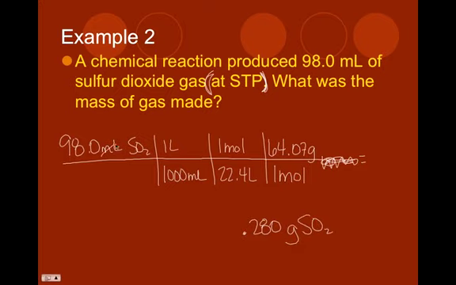If you cross things out, milliliters is gone, liters is gone, moles gone, grams SO2. Those are our final units. And just to kind of reiterate what I have done here, whenever you start in volume and you are at STP, and the question asked you your mass, this is just a typical stoichiometry problem, except instead of starting in grams like we have been, we're starting in volume.